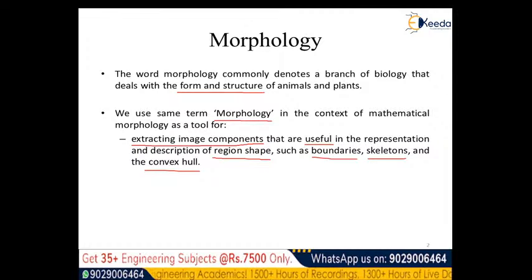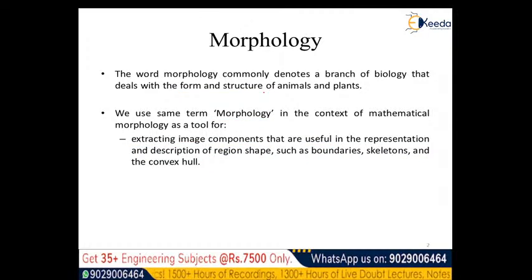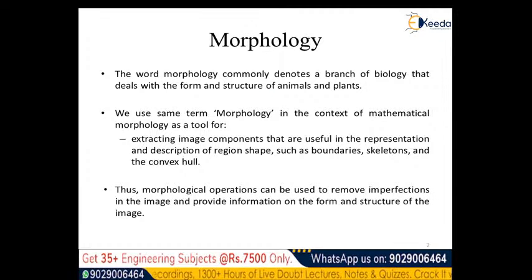Hence we have these morphological image processing operations. Because of this, morphological operations can be used to remove imperfections in the image and provide information on the form and structure of the image.